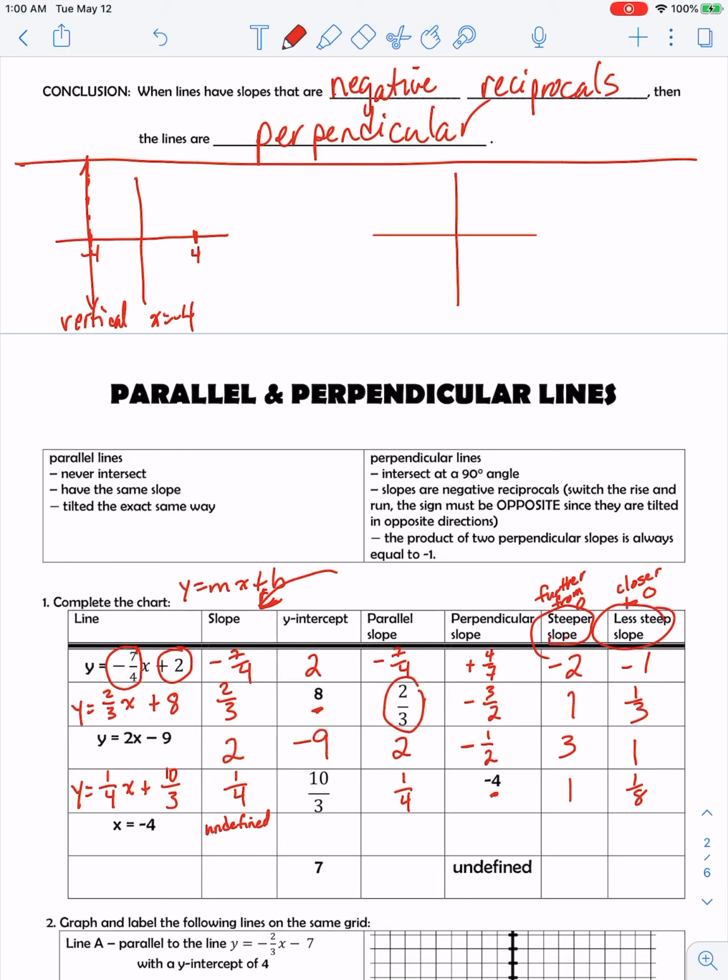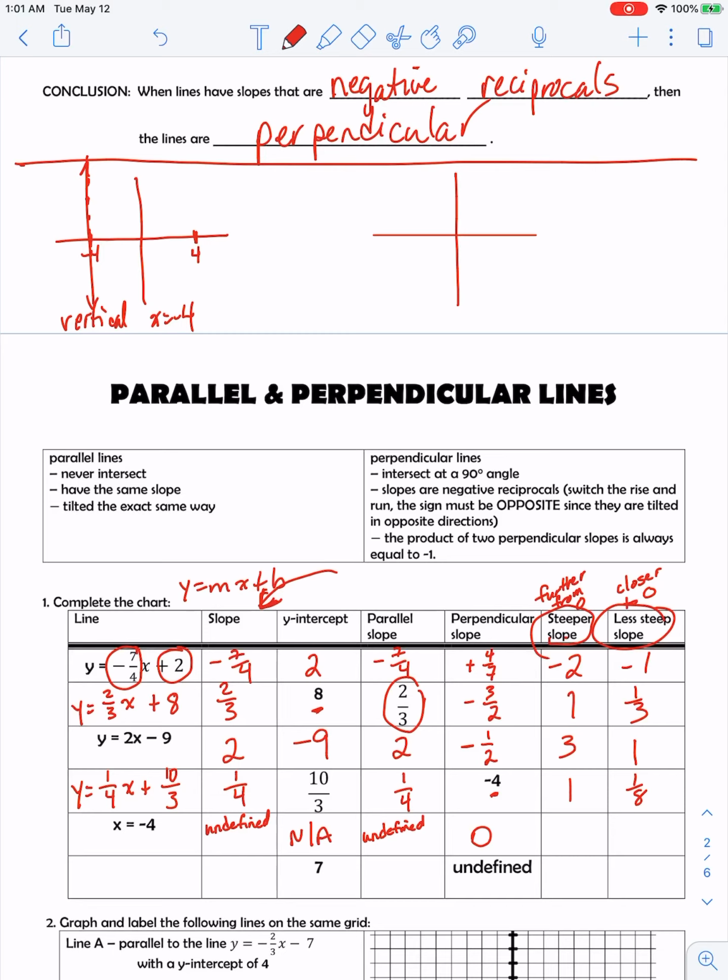The y-intercept does not exist, so we're going to say NA, not available, or not applicable. A slope that is parallel to that will be undefined. And a slope that's perpendicular to that would be a horizontal line, so slopes of horizontal lines equal 0.